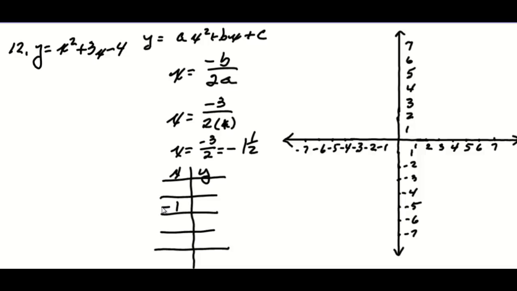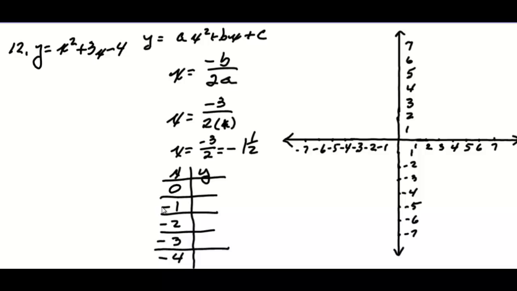Then we'll have -2, -3, and -4, and we'll have 0. All right? Now they're not all going to balance out because we know our vertex is -1.5. But let's go ahead and take a look at what happens if we plug these in.